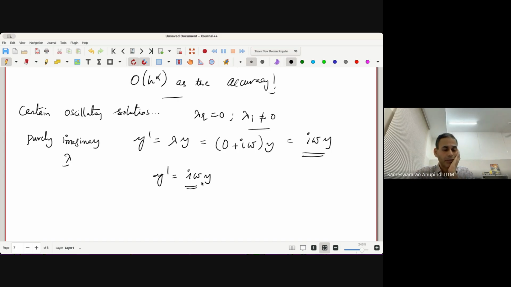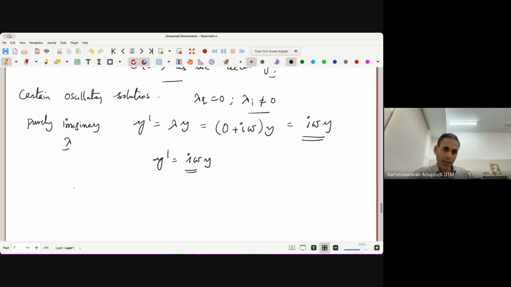If it is y prime equals i omega y, then what will happen is that the exact solution is e to the power lambda h, to the power n, times y naught, equal to yn, right? That is the exact solution. That means the exact solution is nothing but e to the power i omega h.